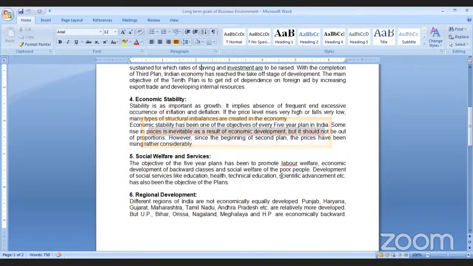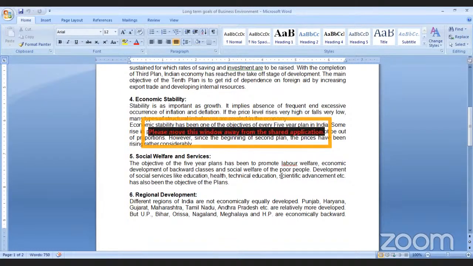That means whatever industries are authorized to do, all have to take care of the social welfare of the society or give some basic services to the society, so that the socio-economic objectives are successfully implemented. That is called social welfare.